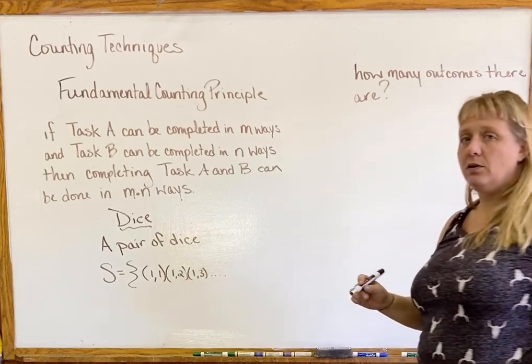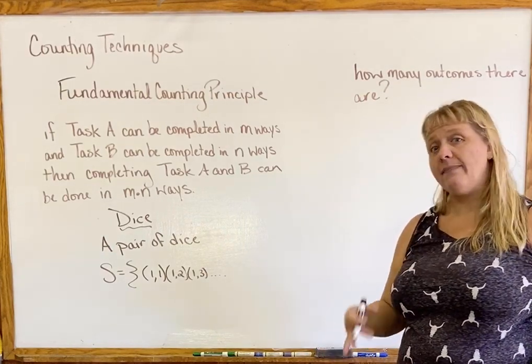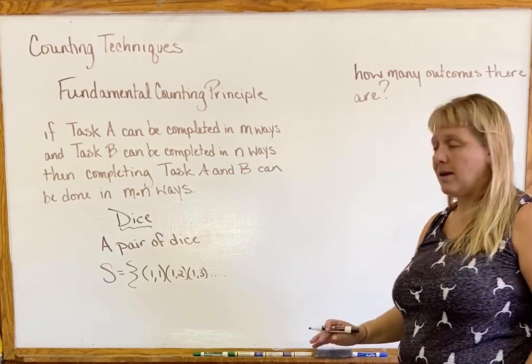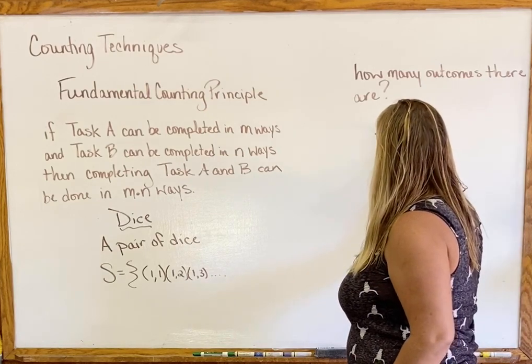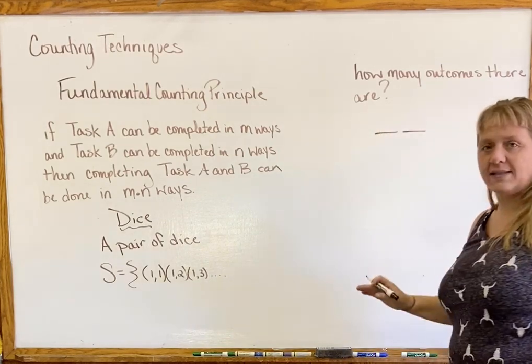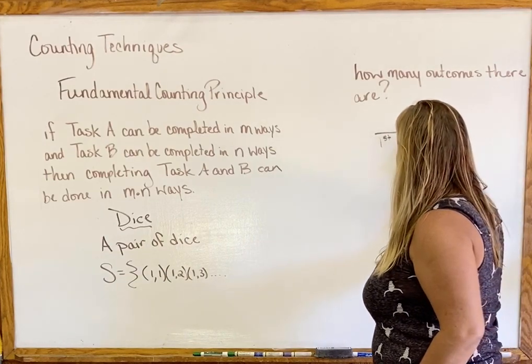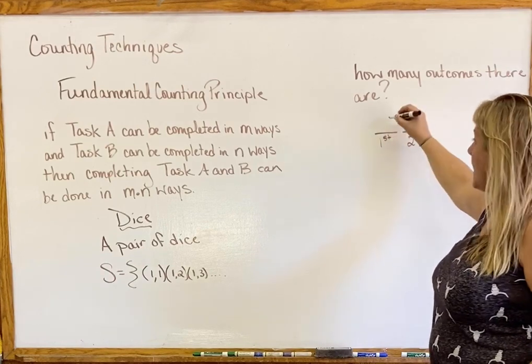And most people, because the die has 6 sides, they think, well, if you pick up a pair of dice, then that's 12 sides, 12 outcomes. But let's think about this a little bit. Using the fundamental counting principle, and I use little slots like this just as a visual. So let's say that this is the first die and this is the second die. Okay. So there are 6 sides on this die.